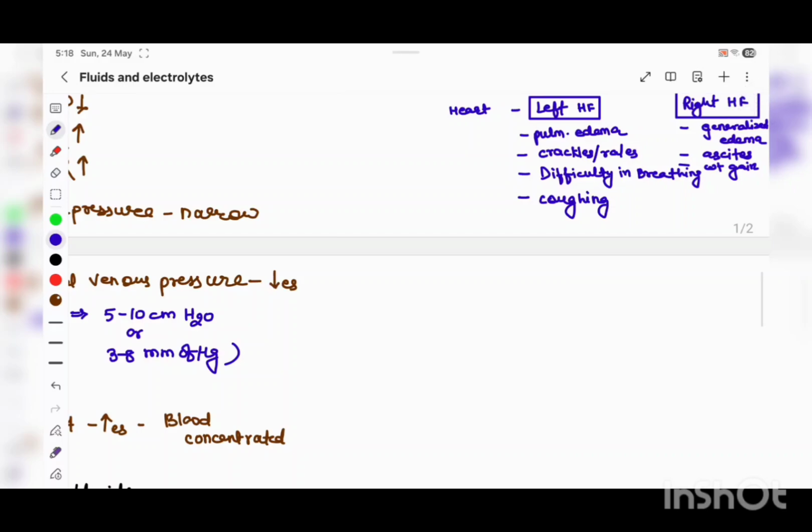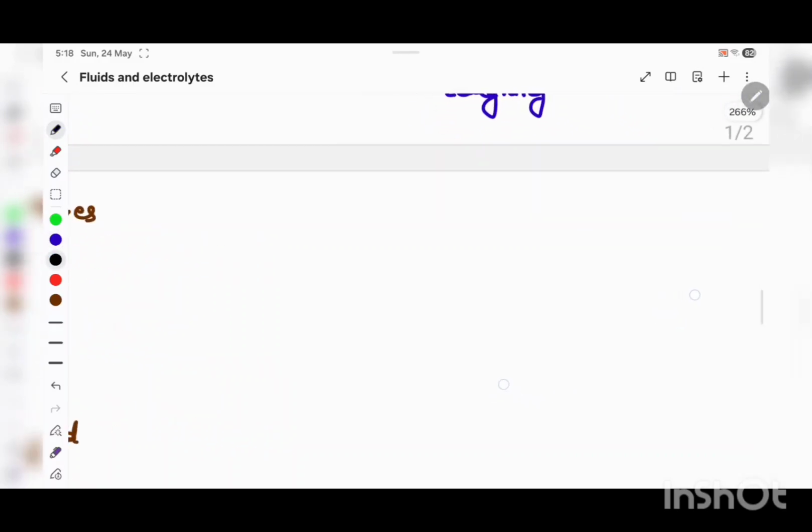Next, we'll see when fluid volume excess will occur, what can be the management, how we will be managing in hospital. So for management, 3Ds we should remember. This is the important trick I'm telling. 3D. First D is for diuretics. We'll give diuretics so excess fluid volume will go out through urination.